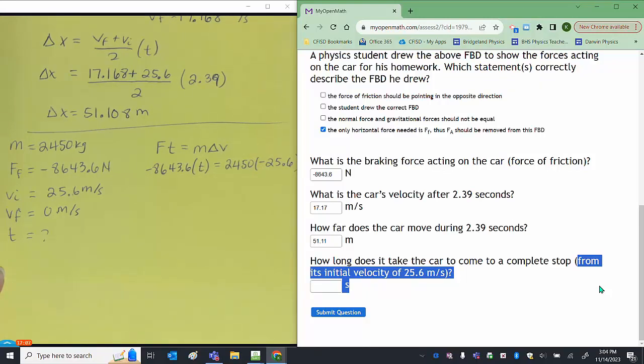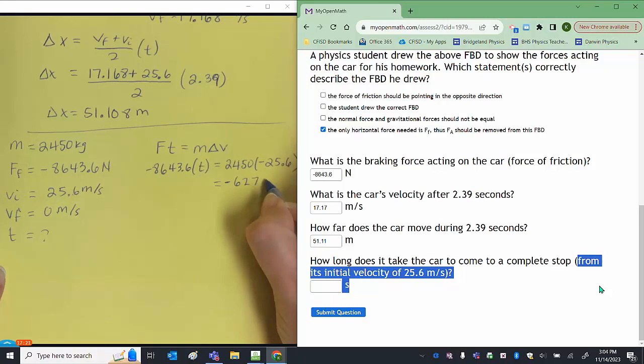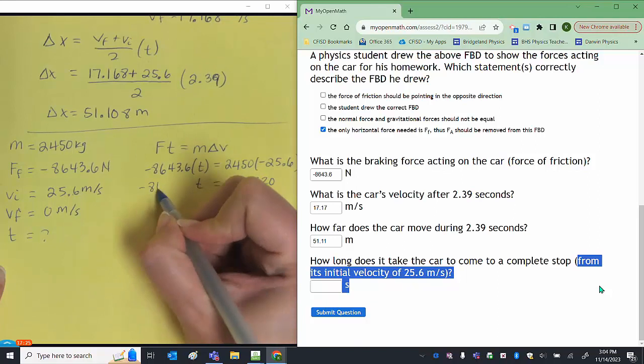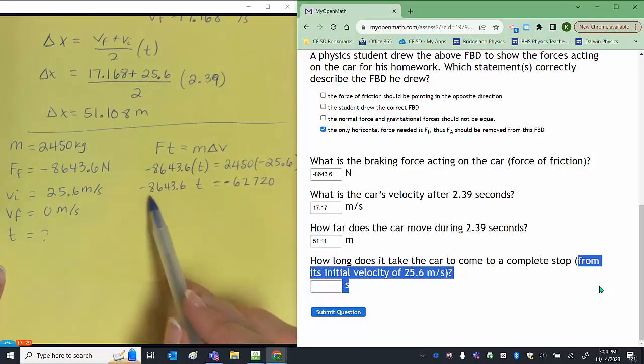So we're going to start by multiplying 2,450 times that negative 25.6, and that's going to give us negative 62,720. Okay, equals negative 8,643.6 t.